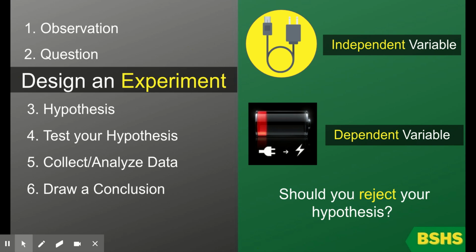Well, once you look at the results, you see, hey, I replaced the charger and my battery still didn't charge. So that means my original hypothesis, I have to reject it. That wasn't the correct hypothesis. Well, that means we need to go back and we need to test some new hypothesis because we still haven't solved the problem. We still don't know what was causing your phone not to charge.